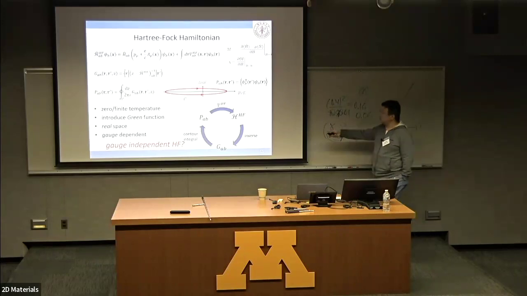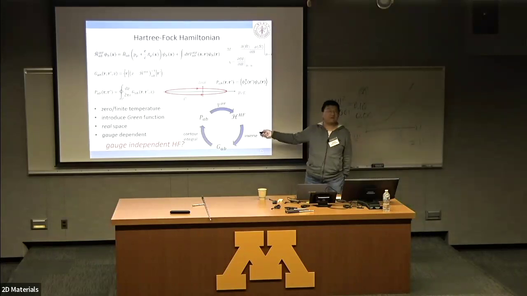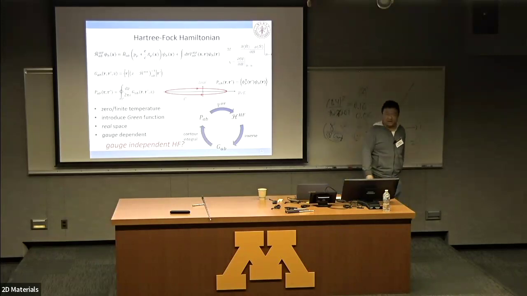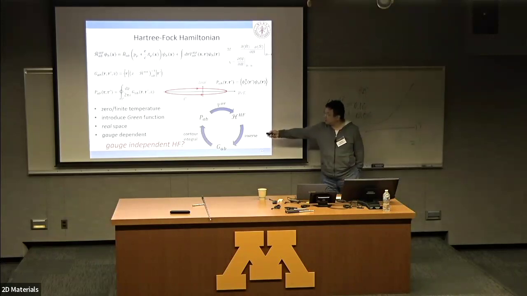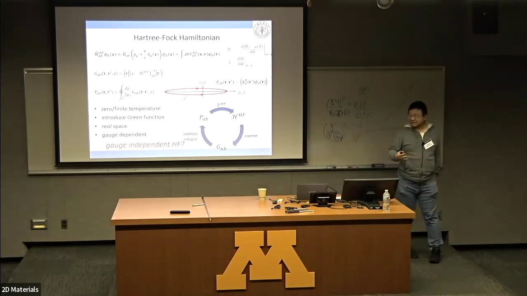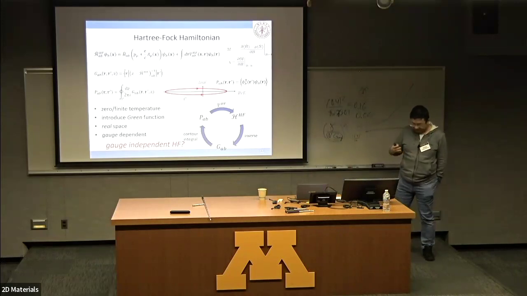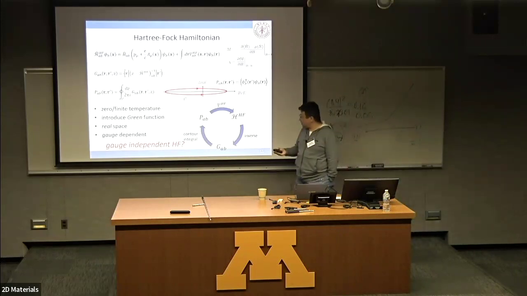So basically, that means it forms a loop. You start from some density matrix, you obtain this Hartree-Fock potential, and then you have this Hartree-Fock Hamiltonian, then you do the inverse, you get the Green function, and then you go back, you get this density matrix. So once this loop is done, you basically have the solution for the self-consistent Hartree-Fock.